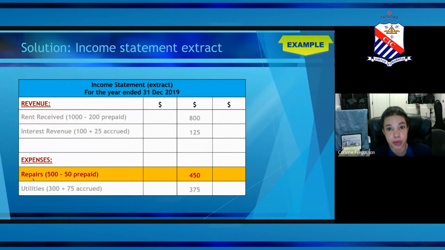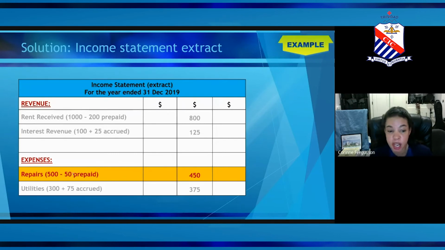Since there is a prepayment, that means that you have to do working or an adjustment. So you are going to open brackets, put the amount that was paid, which you get from your trial balance, minus your prepayment, $50, close brackets, and then put the answer in the column here.